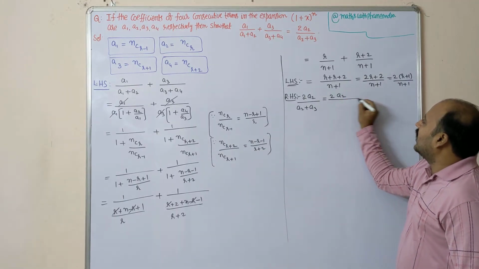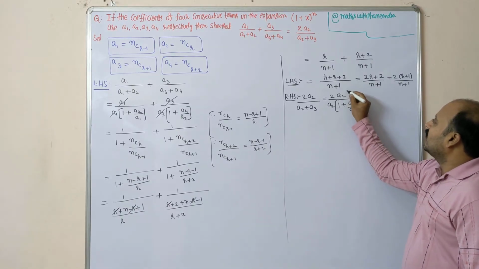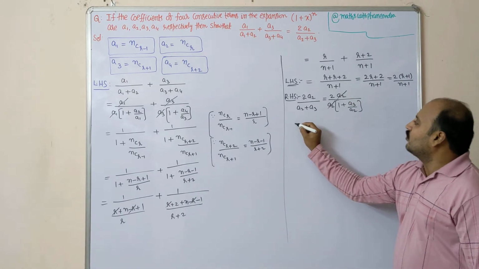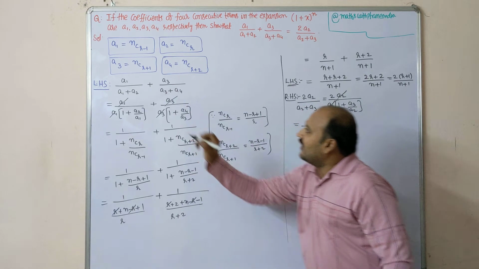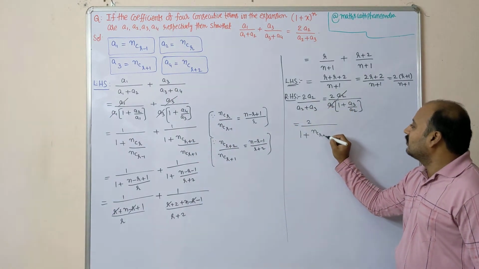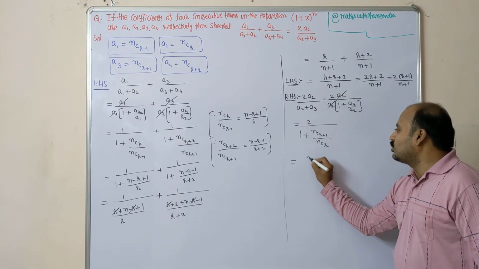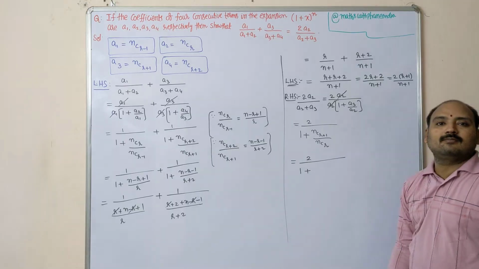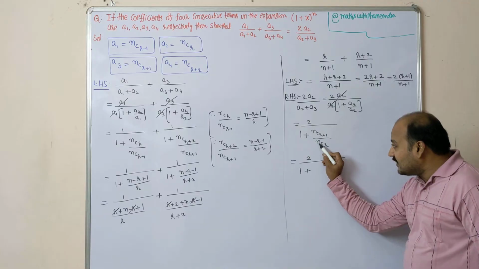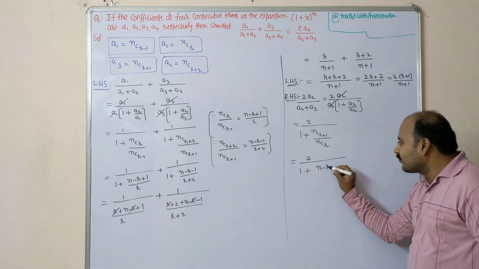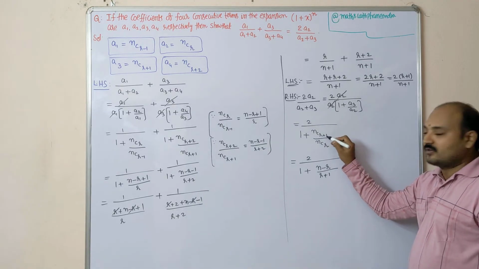2 into a2 by a2, if we take out common, 1 plus a3 by a2. a2 gets cancelled. So which is equal to 2 by 1 plus a3 value. a3 value is nC(r+1) by a2 value nCr, which is equal to 2 by 1 plus nC(r+1) by nCr means first you have to subtract these two, n minus r divided by r plus 1, whatever the suffix is there in the numerator here.